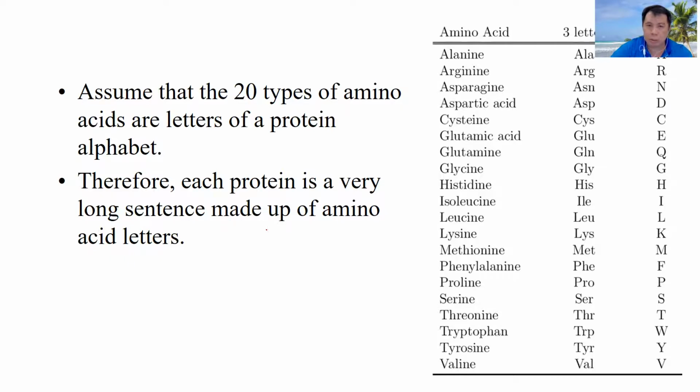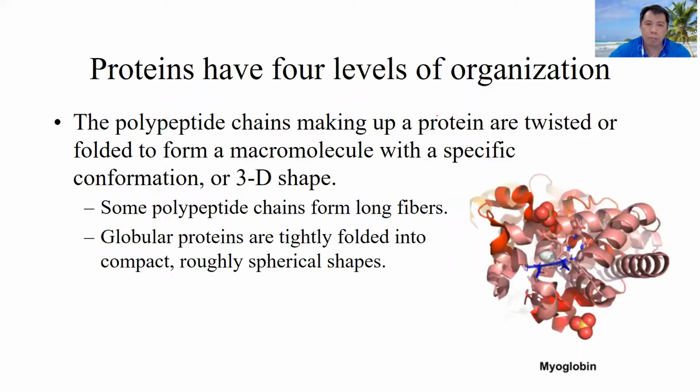Normally for functional proteins, the sentence will be meaningful. You will study this in semester 3, the mutation: how a change in the amino acid sequence has consequences, especially for human health.